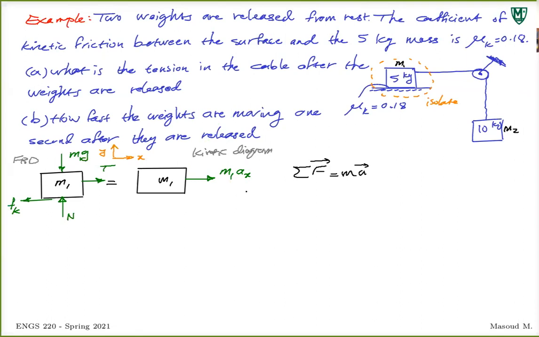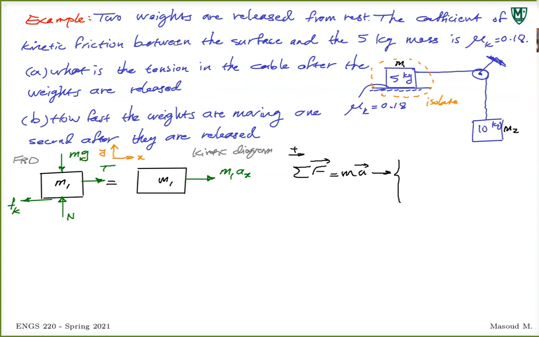Rule of thumb, if you want to get the right answer, and you'll see it in vibrations, that is actually a must: the direction of the motion is the direction that you typically should take as positive. So keep that in mind. If there is no motion, like in this case in the y direction, it doesn't matter. But in the x direction, since the motion is to the right, we take that as positive. So I usually put it here to remember that this is my positive direction.